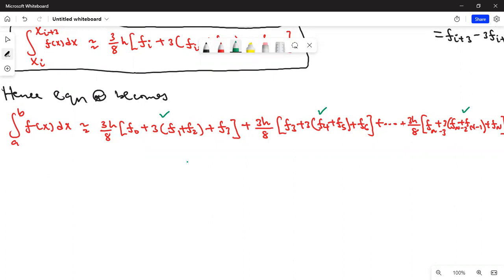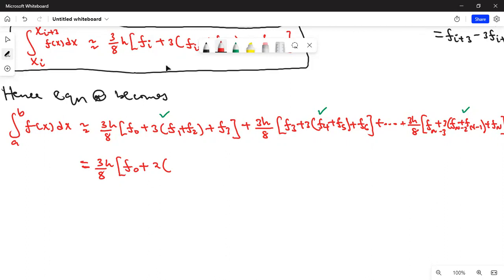So that you can see there's 3 over 8h that is common. That can be factored out. So you can write here 3 over 8h. Let's combine f naught, it only appears once, plus those that appear 2 times. Which ones are they? You can check.